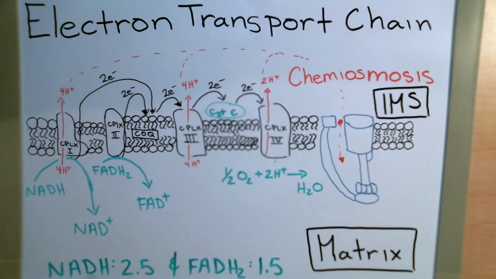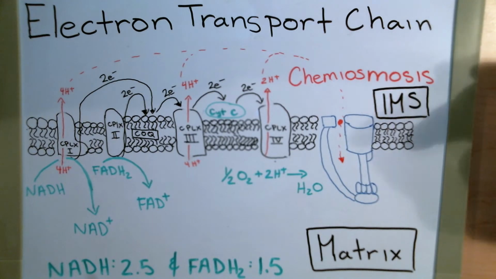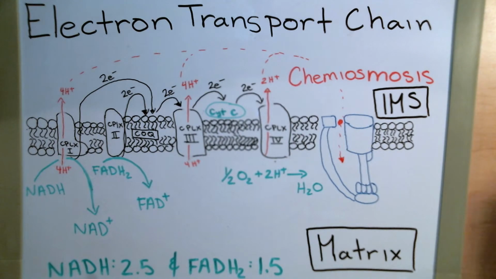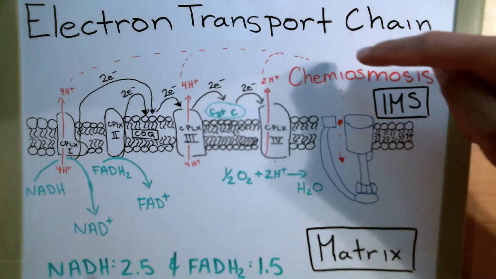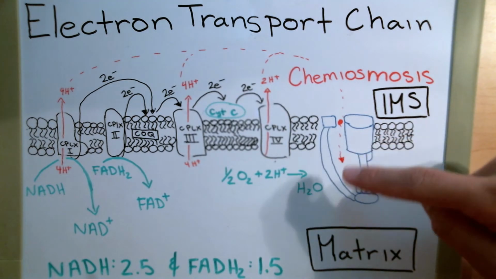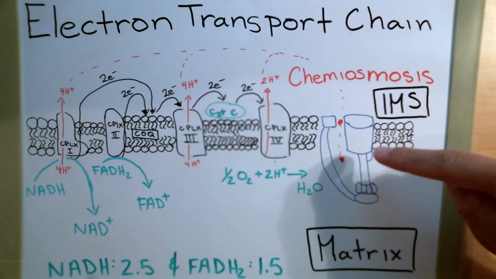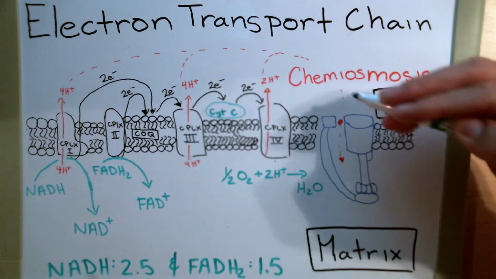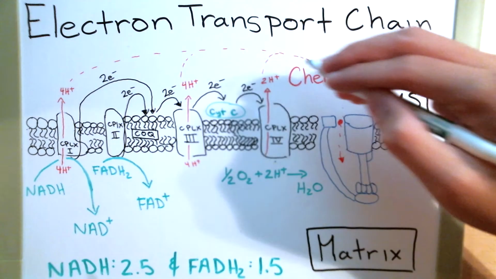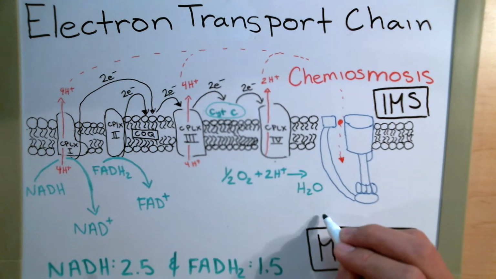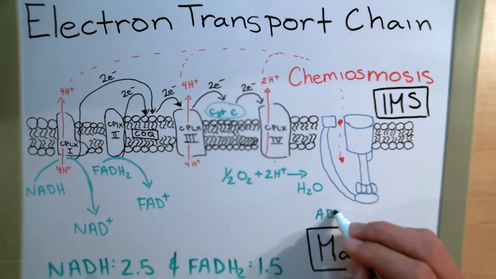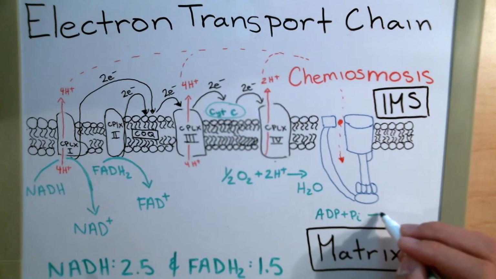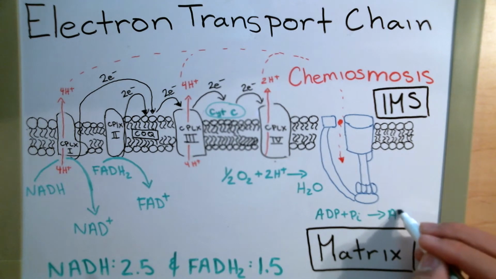Chemiosmosis is a process in which chemicals move down their electrochemical gradient in order to generate ATP. And that's what happens here. The protons will flow through the ATPase, which is this structure here in blue. And what this does is it allows for the protons to pass through it. And as the protons pass through the ATPase, it joins ADP and an inorganic phosphate in order to generate ATP.